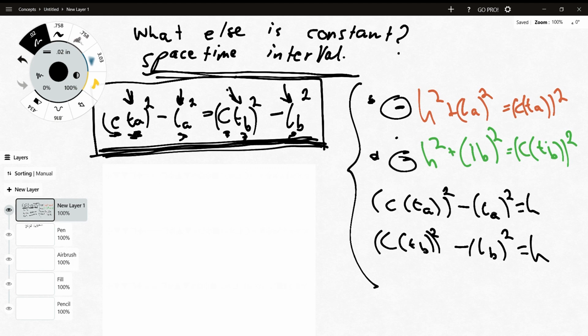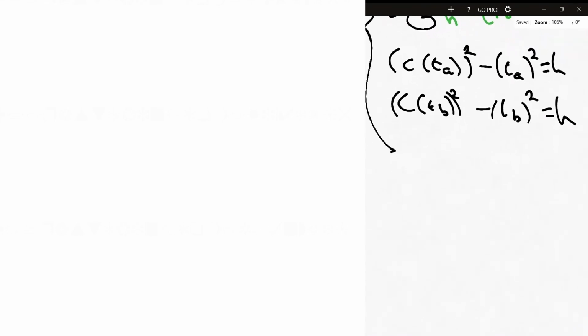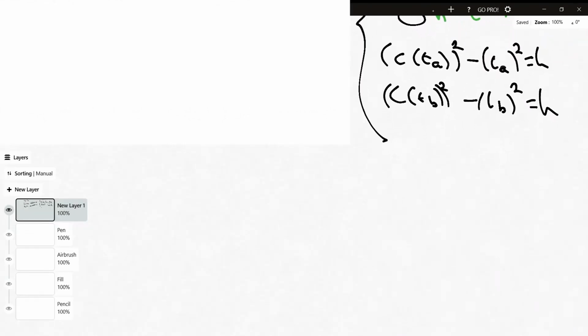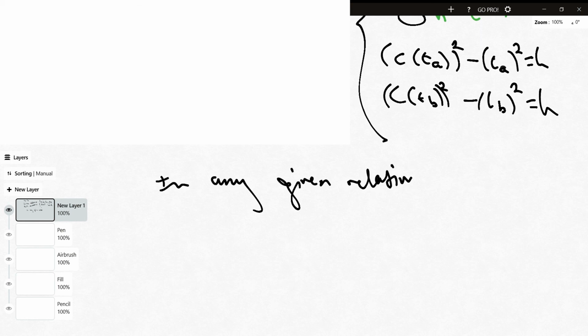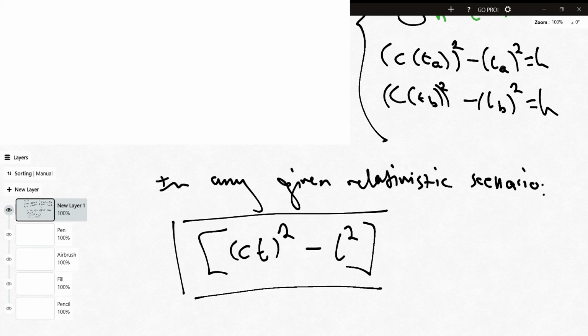Additionally, we can say that in any given relativistic scenario, the value (c t) squared minus length squared is absolute. It will be the same, regardless of any factors being involved.